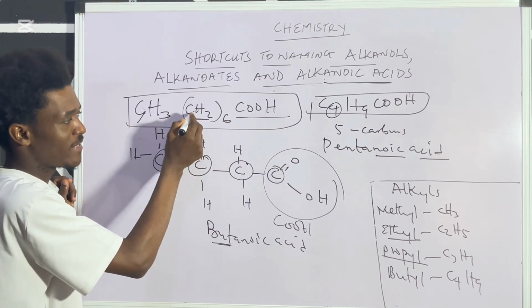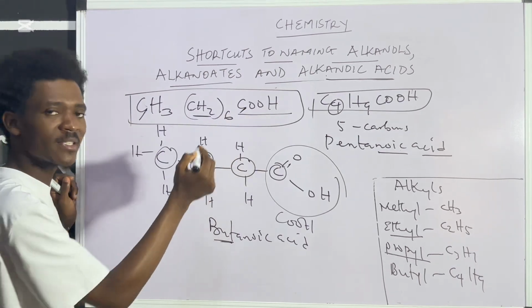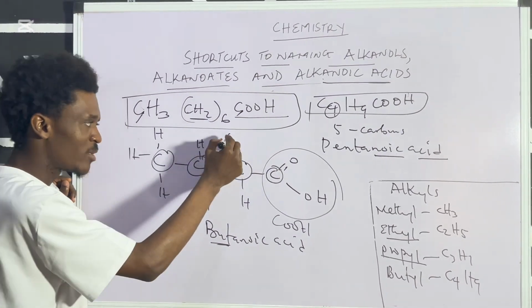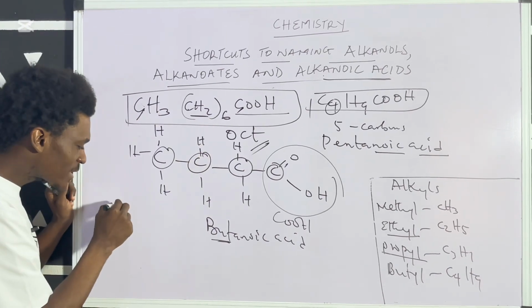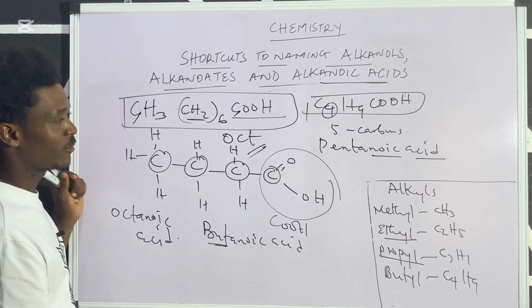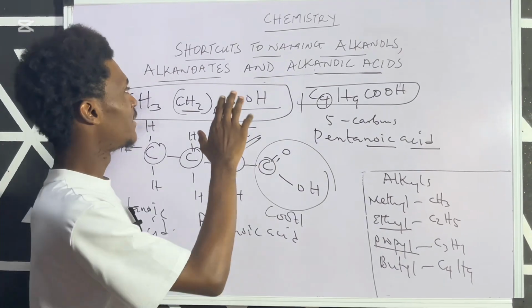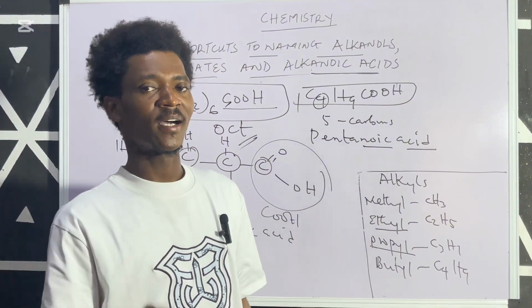So it means we are having 6 carbons here, plus 1 is 7, plus this one now is what? 8. And 8 carbons is with what? Oct as the prefix. So hence you call this what? Octanoic acid. That's how you name it. So that's just the shortcut to naming the alkanols, alkanoic acids, and alkanoates.